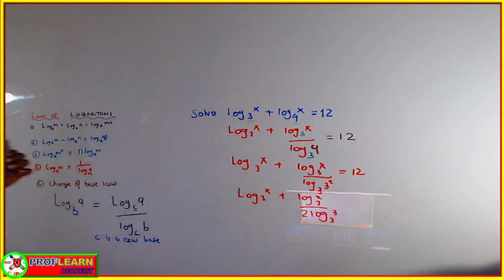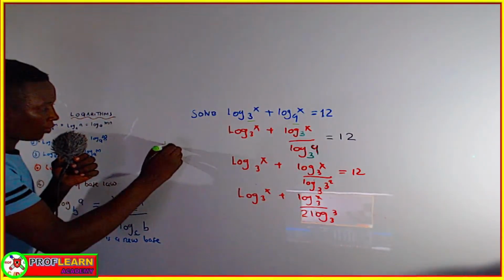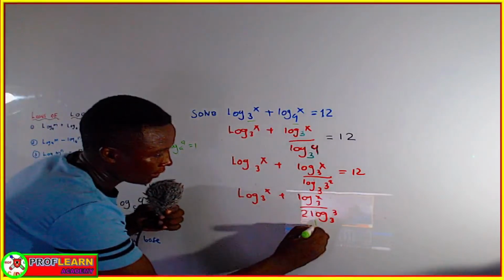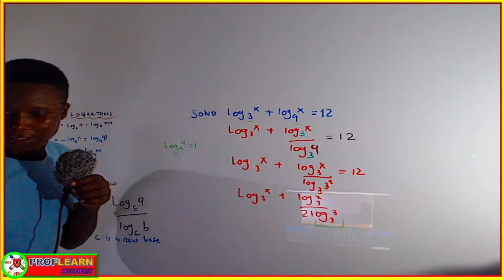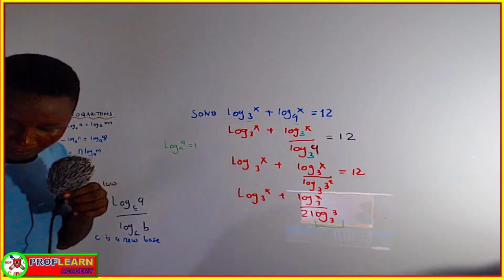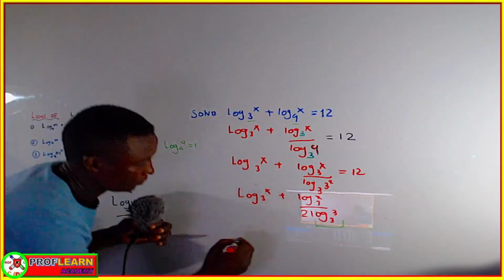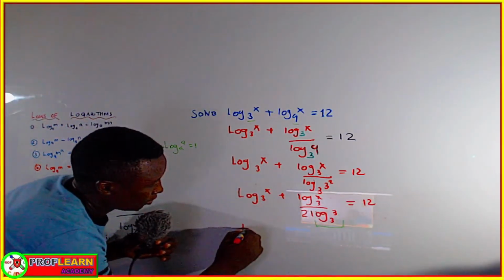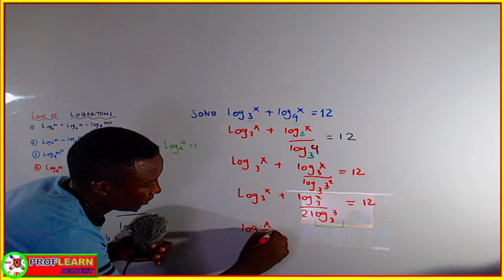And then according to this log that we have at this particular point, remember we have learned a law that log of a base a is actually 1. So all of this number that we have here is going to be 1. So this is going to reduce to 12, and this is going to be log x base 3.